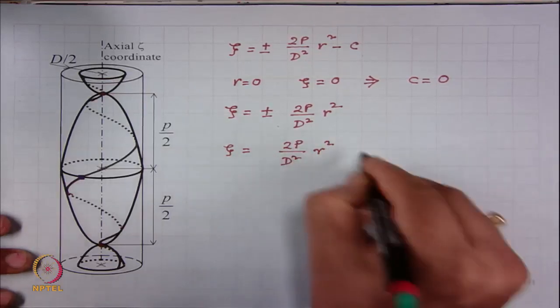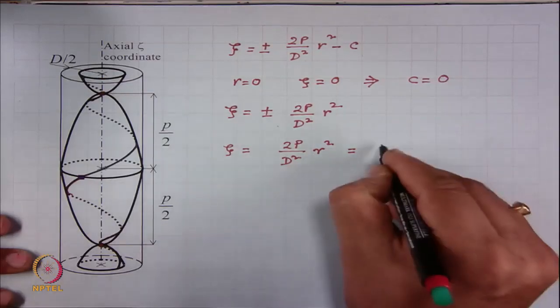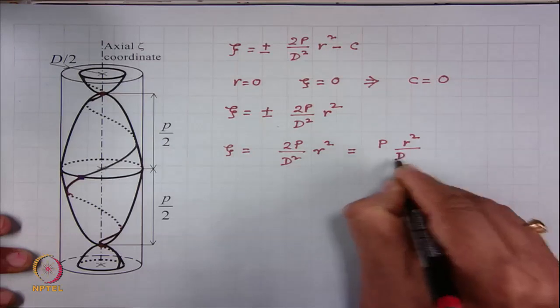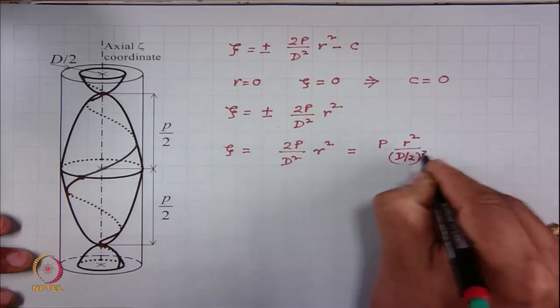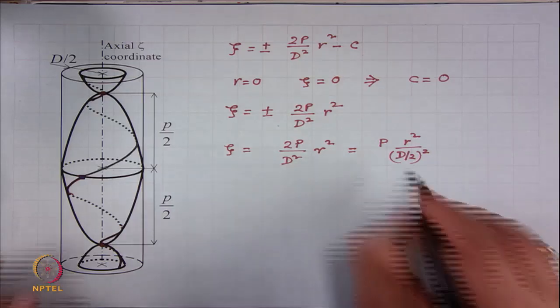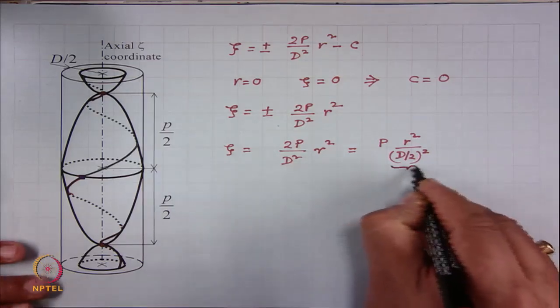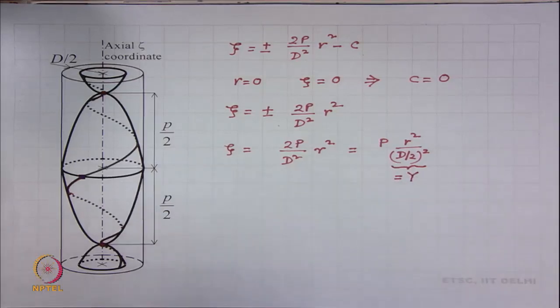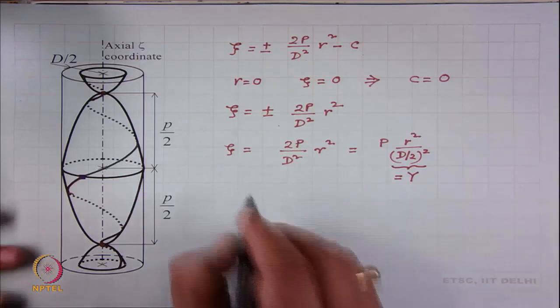r square. This we can further write p r square by d by 2 square. This r square by d by 2 square, let us consider this as capital Y, because we can measure this. D is measurable and R is also measurable by tracer fiber technique and all. So, then what do we find?